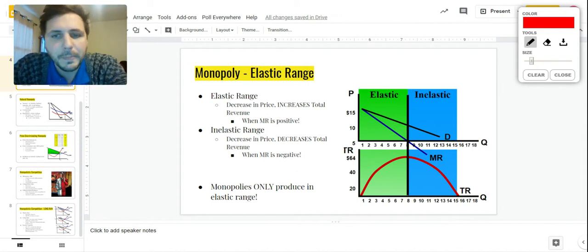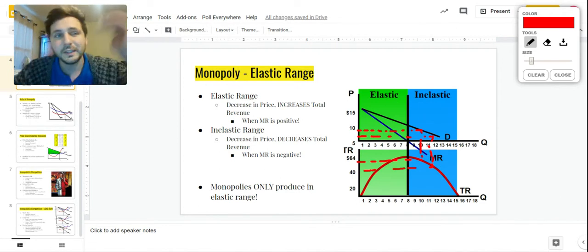So let's check it out. We know inelastic is going to be over here when marginal revenue is negative. Marginal revenue is below our x-axis, right? And that's going to happen on the right side here. That's our inelastic range. How do we know that? Well, when I lower the price here from, let's say, $8 to, let's say, $1, I go from a total revenue up here of like 50 to a total revenue down here of like 40.